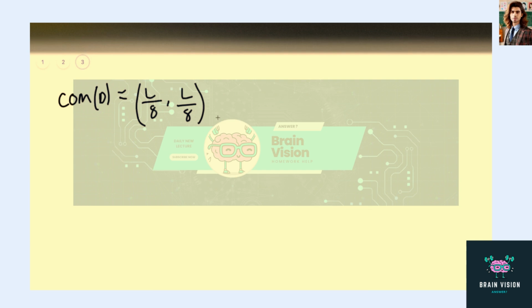The moment of inertia about B can be considered ml squared over 12, and we found this in the first part of the question.